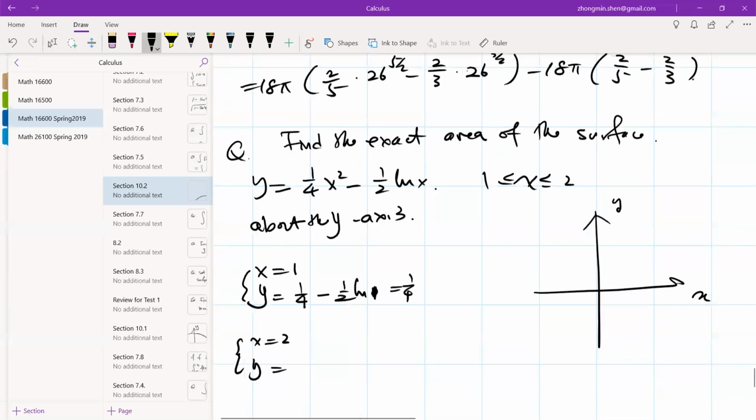Y is going to be 2 squared over 4 minus the natural log of 2, right? This is a positive number. You can check whether the function is increasing or not. It's an increasing function. Anyway, here x equals 1, y equals a quarter. When x equals 2, somewhere, doesn't matter, just draw the curve. So your surface looks like that.